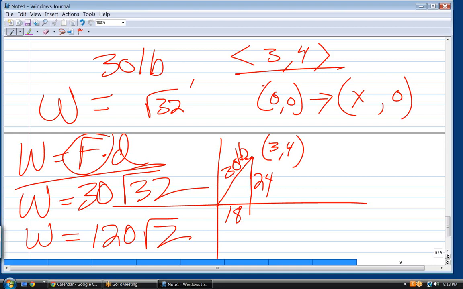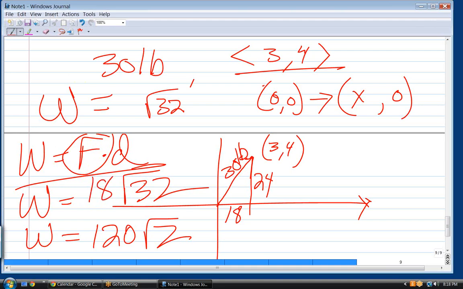So the work done, this force is not being 100% applied in the x direction. It's headed in this direction, but there is an x component of it. In other words, it's the equivalent of an 18-pound force along the x-axis. And 18 is what we want to put in for the force instead of 30.